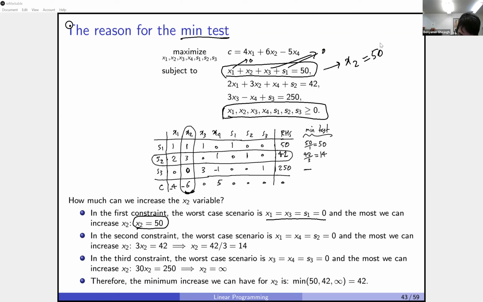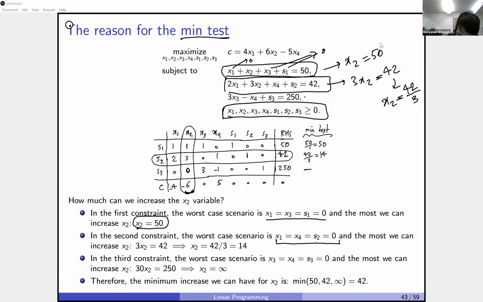In the second constraint, what is the worst case scenario? So we set x1, x4, and s2 to 0 because they can't be negative. So 3x2 will be 42, right? In other words, x2 will be 42 divided by 3.